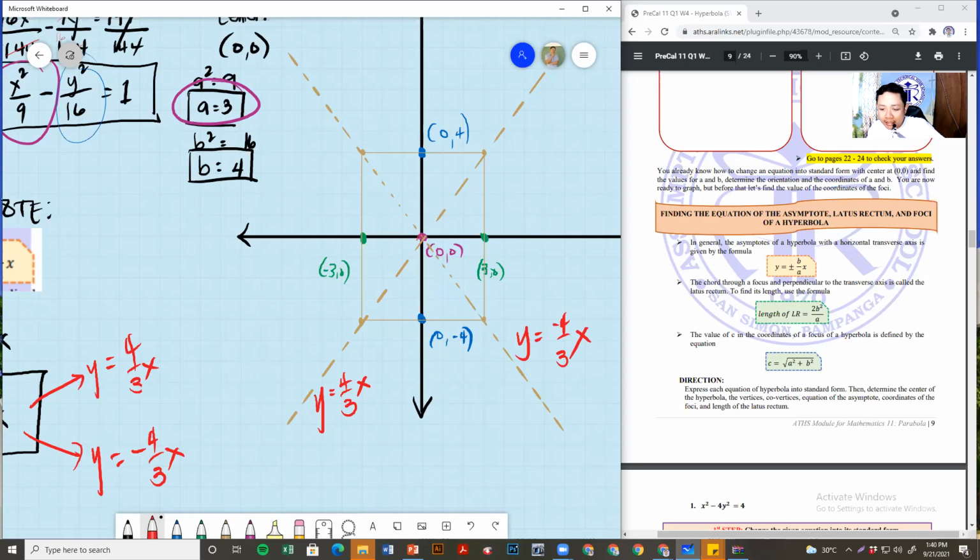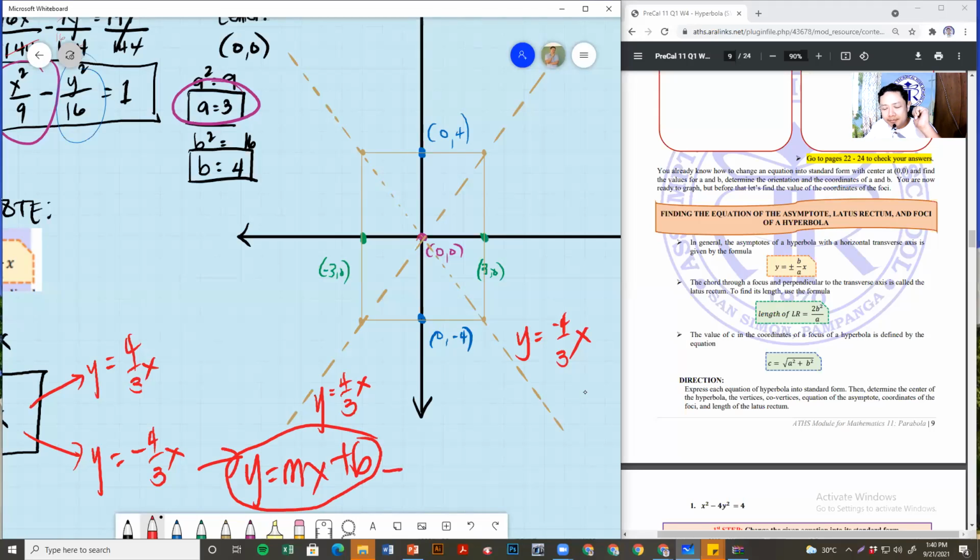Got it? Kindly show a reaction as to your understanding in that part, the equation of the asymptote. I hope you can recall. That's just one of your grade 8 lessons, slope. Try to go back and recall y is equal to mx plus b. I hope you're familiar with this equation.